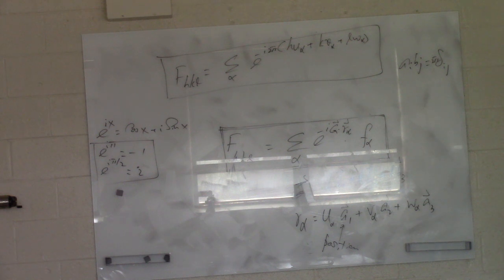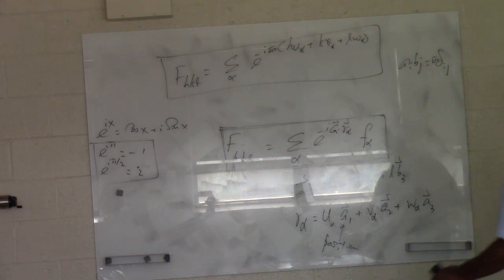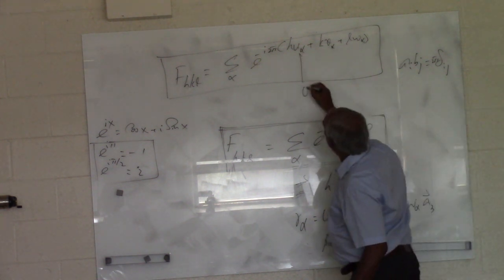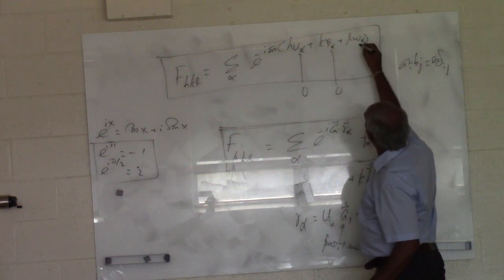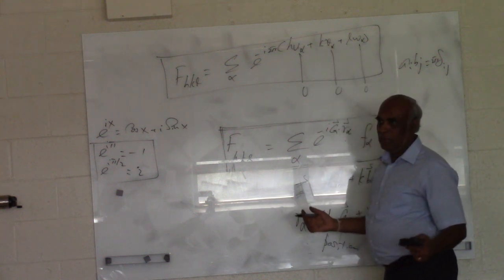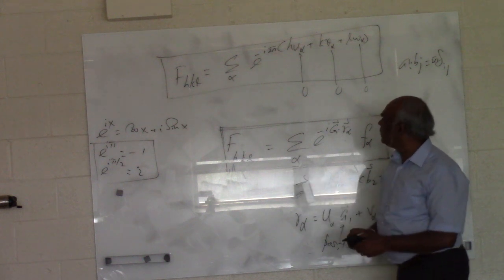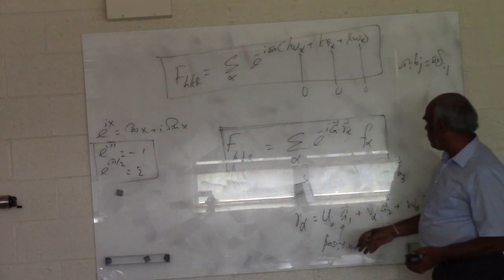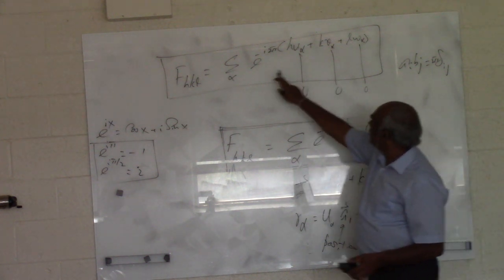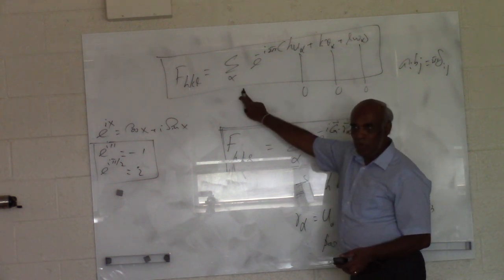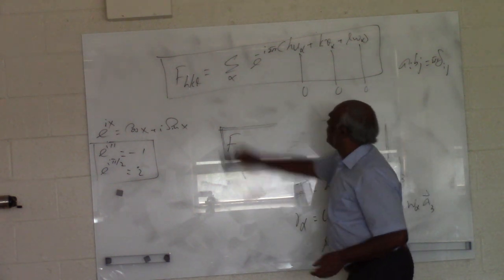I'll take that one atom at 0, 0, 0. Remember, this is a simple cubic, a primitive cell, one atom. So I pick the position of that one atom as 0, 0, 0. That means your U alpha is 0, V alpha is 0, W alpha is 0. Then when you add, you only have one term. Alpha is only 1, right?